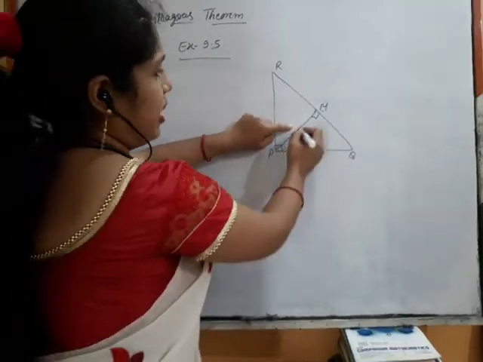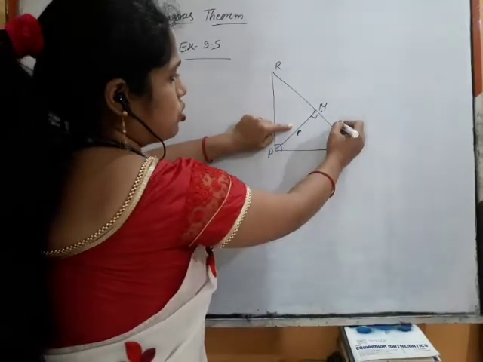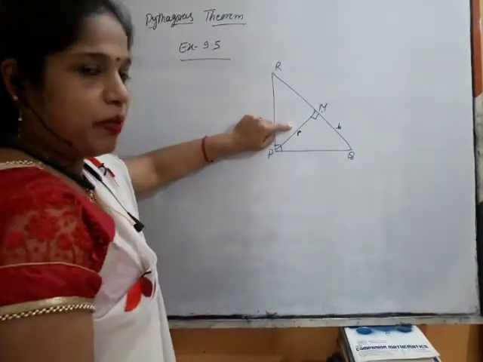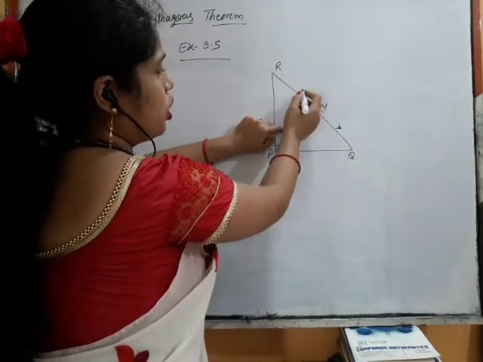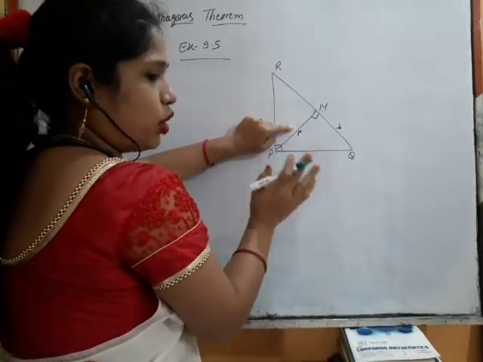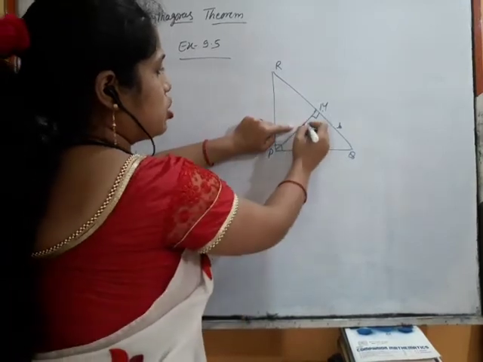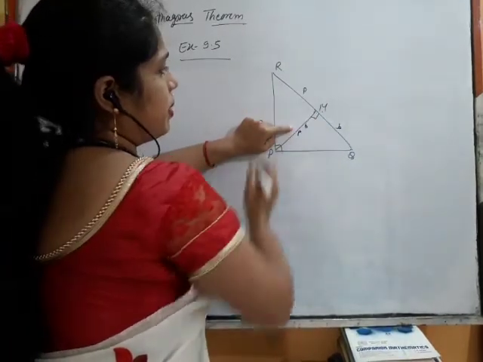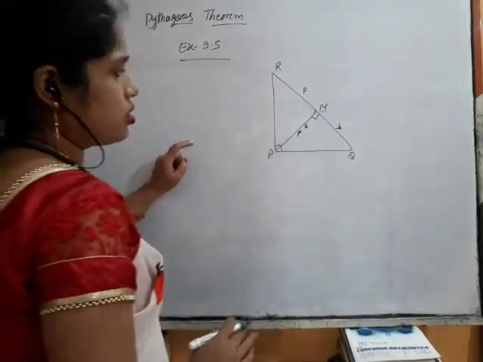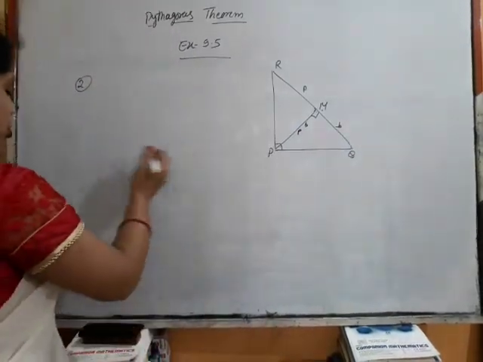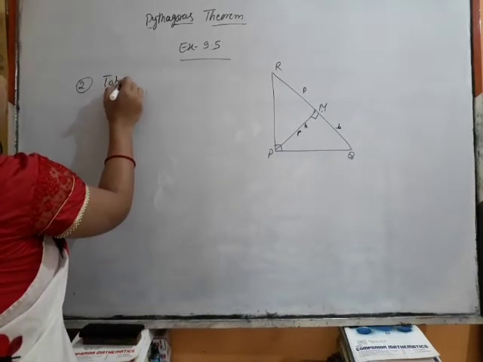If the first time it is perpendicular, so this will be base, and if the second time you consider this same as perpendicular, then this will also become base. So it will not be correct. So the second time this will be base and this will be perpendicular. Then only we can have this as hypotenuse and this as hypotenuse. Okay. So let us do that to prove.